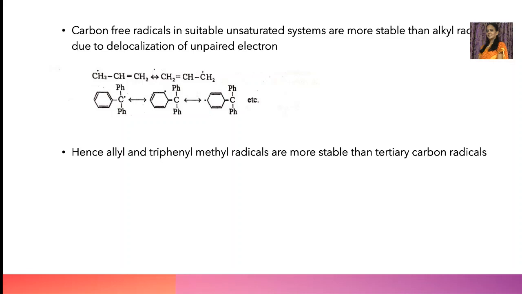When we compare the stability, alkyl free radicals are less stable, whereas these two are more stable. This is because of the delocalization of the odd or unpaired electron present on the carbon atom. These are more stable when compared to alkyl free radicals.